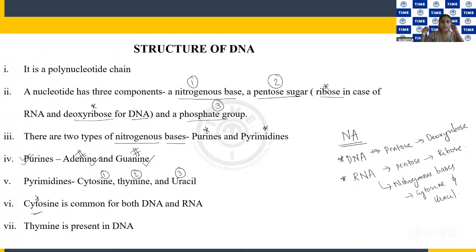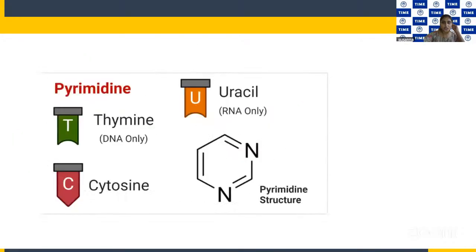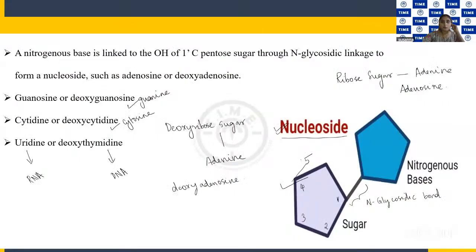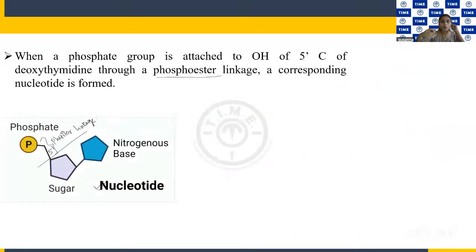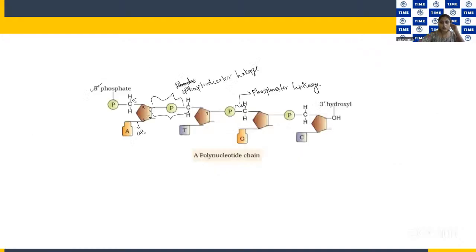The two types of nitrogenous bases, what is present in RNA, what is present in DNA, the structure of purines and pyrimidines. Students, please make sure you learn this because it's very important. Then we talked about how a nucleoside is formed, how a nucleoside becomes a nucleotide. Then we talked about the sugar phosphate bond, the 3'-5' phosphodiester linkage, all of that.